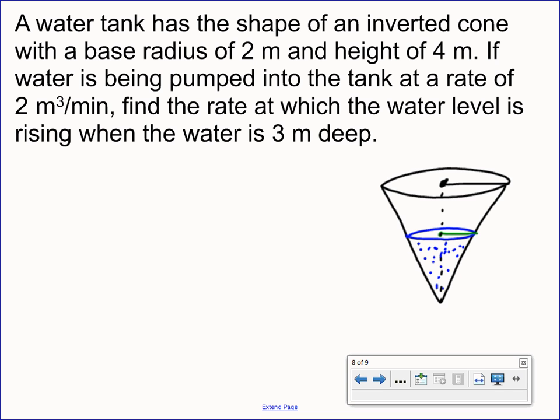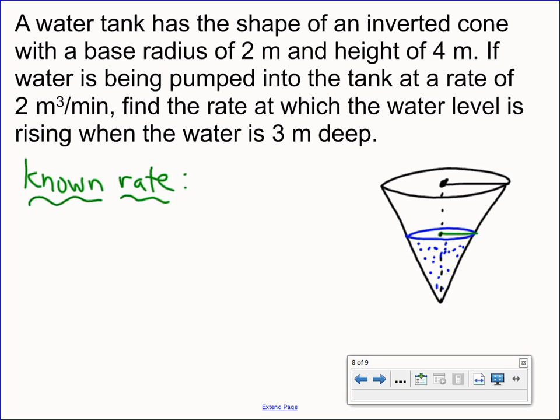So our known rate is the pumping rate. It's being pumped into the tank at a rate of 2 cubic meters per minute.